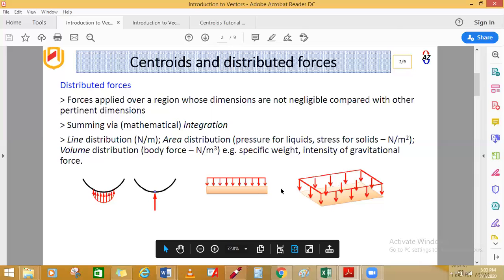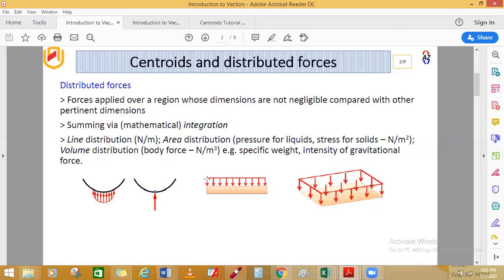So you need to sum up all those forces to get the total force acting on the surface of that object.